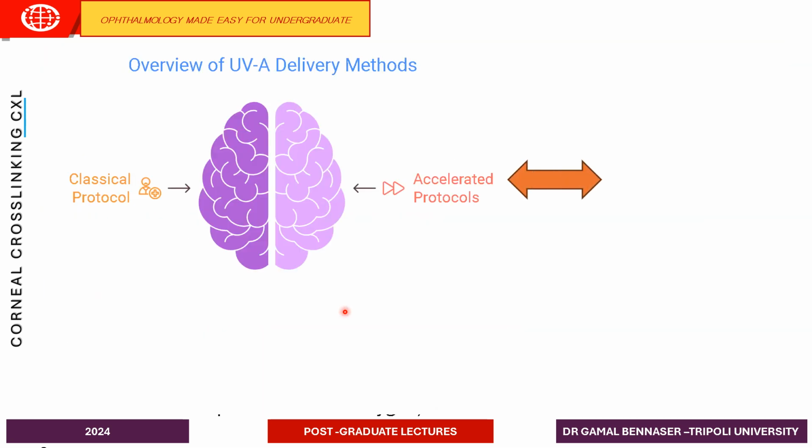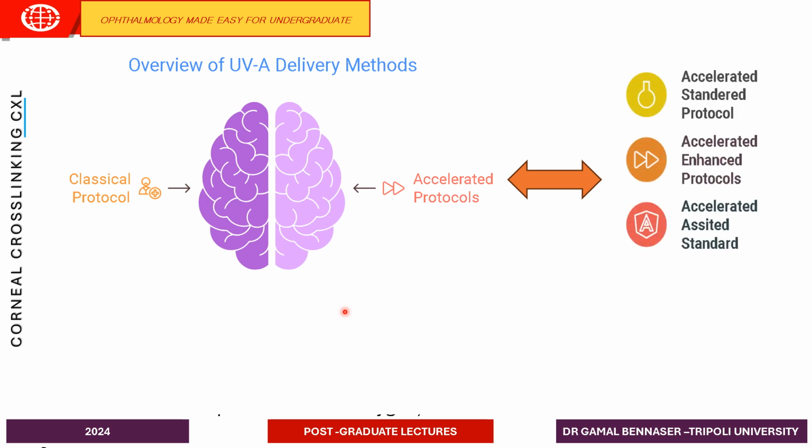So generally, we can say that the ultraviolet delivery can be by classical protocols, as explained by Dresden, the Dresden protocol by Theo Seiler, or by the accelerated protocols, which can be either the standard accelerated protocol, where we do an epithelial off and just increase the intensity of the light, keeping the same amount of energy, or by enhancing the total amount of energy, so we increase both the intensity as well as the total amount of radiance, or by the assisted protocols, the contact lens assisted protocols or the lenticule assisted, as in SMILE and pocket.